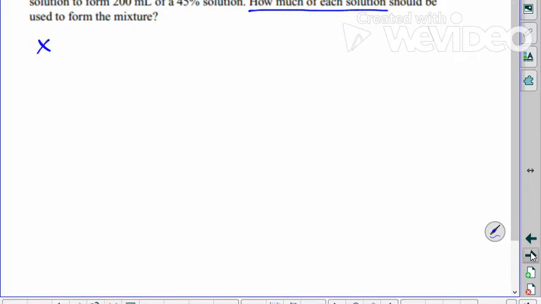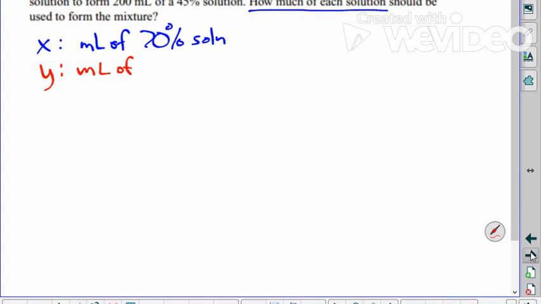We're going to define our variables. And we'll say that X is the milliliters of 20% solution, and Y will be the milliliters of 60% solution. And the first thing that we see from this is we've got this statement.